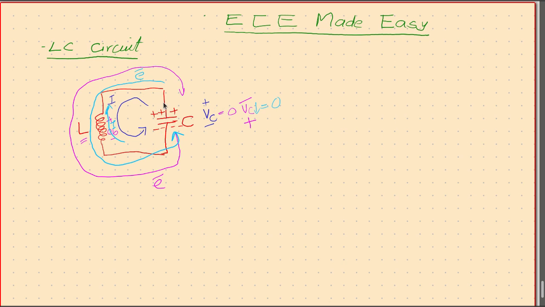Therefore, though the two plates were electrically neutral here, this process of the magnetic field will not allow electrons to stop moving. It will make electrons move further, and hence electrons become deficient here, and electrons become excess again here.